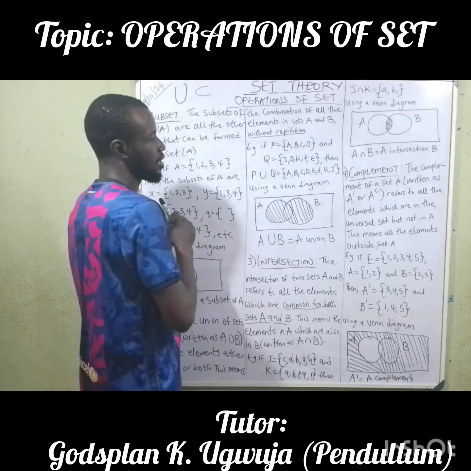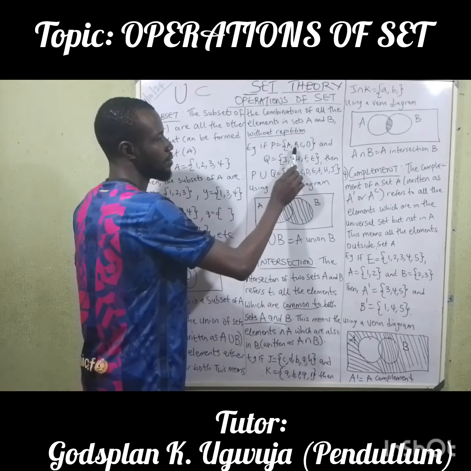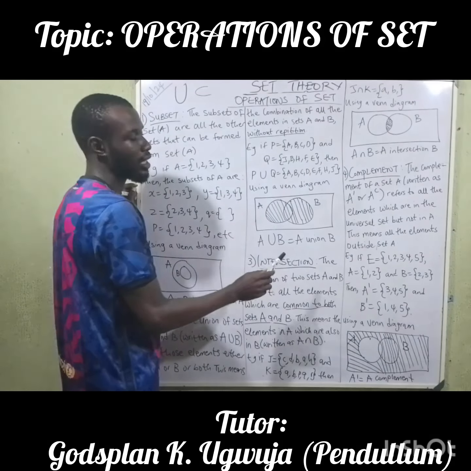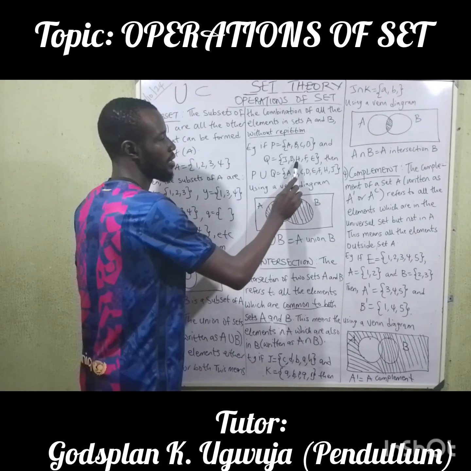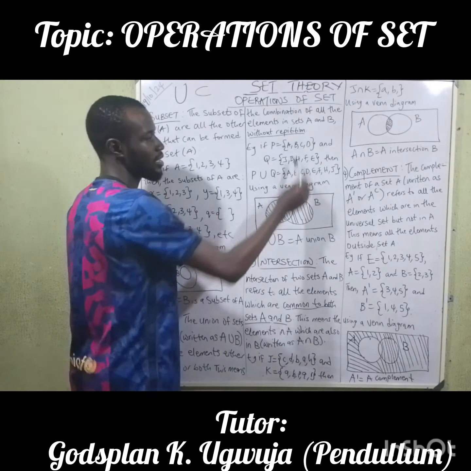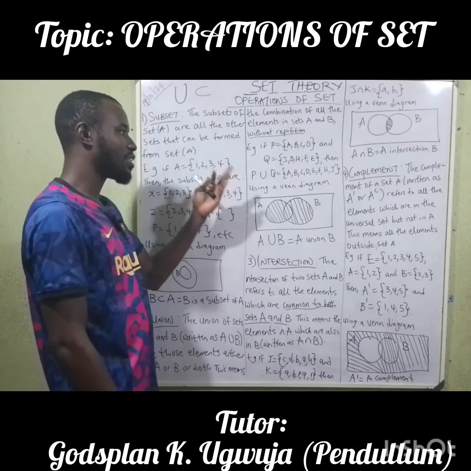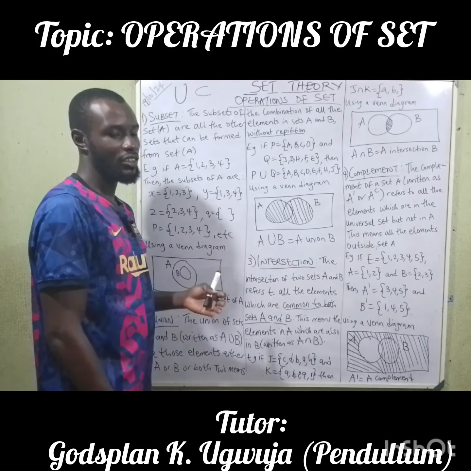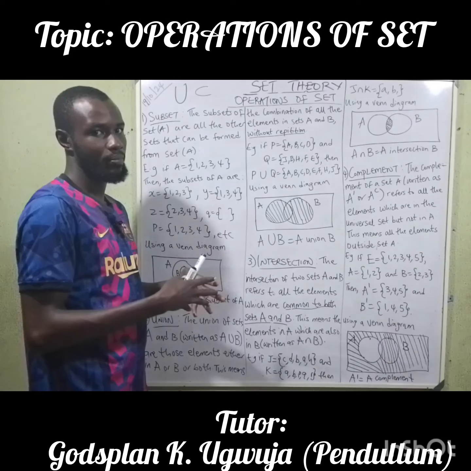So for instance, if we have that set P has the elements A, B, C, D, and set Q has the elements J, B, H, F, E. These are 2 sets. And they ask you what is the union of set P and Q. What they're just asking you to do is merge them, bring them together, join them.